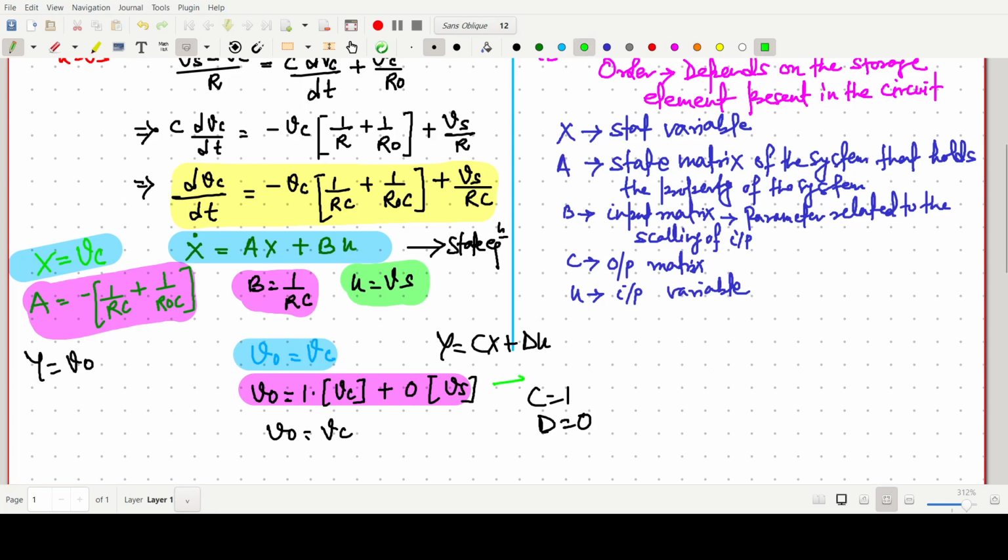In the next video, I will try to go for the state space representation of the RLC circuit. So once again, this one is our circuit.